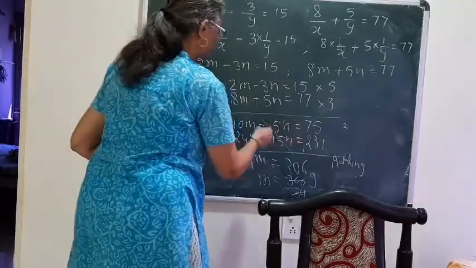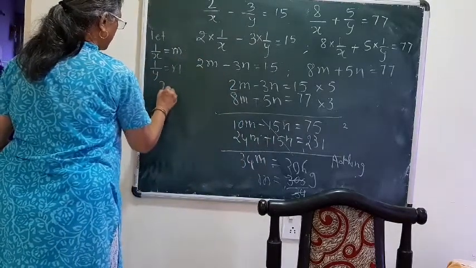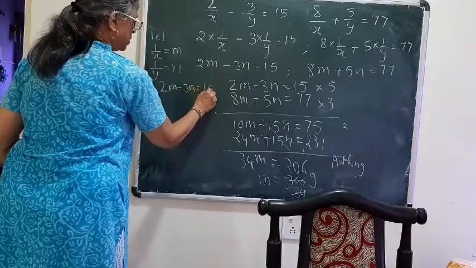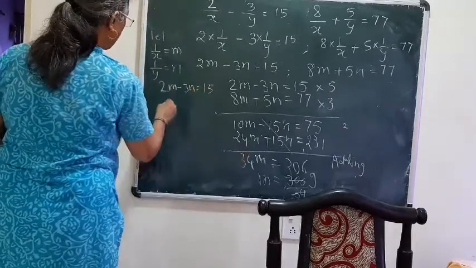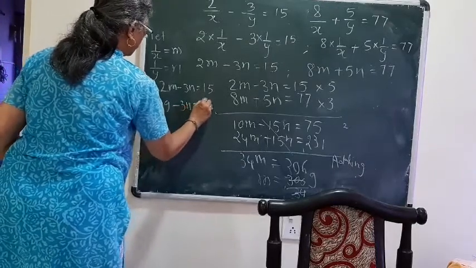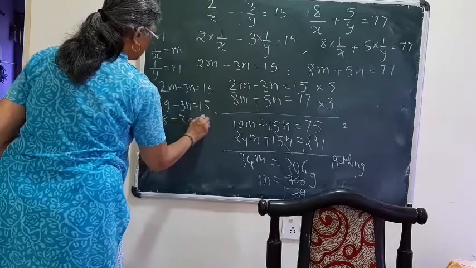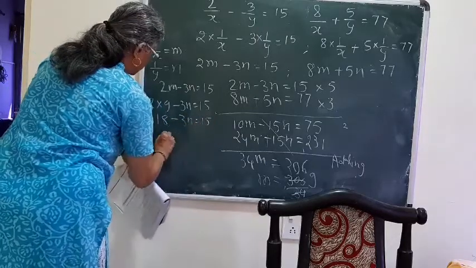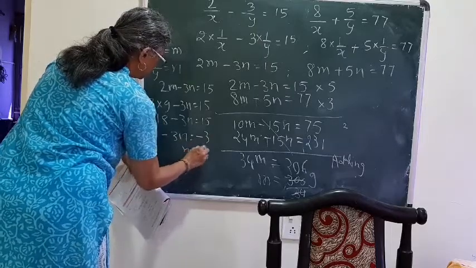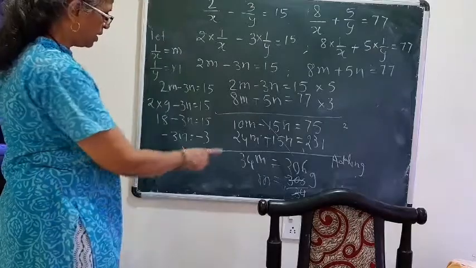So I will write here 2m minus 3n equal to 15. So I have m equal to 9. So 2 into 9 minus 3n equal to 15. 2 9s are 18, minus 3n is equal to 15. So minus 3n is equal to minus 3, n is equal to 1. So I got the value of n as 1 and m as 9.